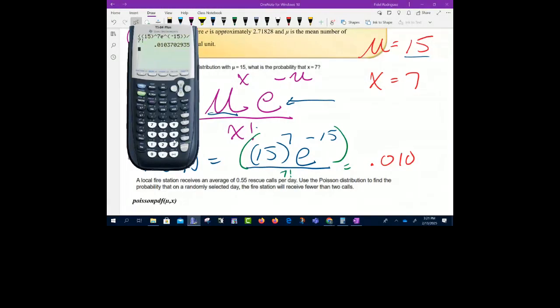Okay, then let's do this. So I hit my little right arrow. Now let's go second LN. Let's go ahead and go negative 15. Close that off. Close that off again. Now 7, math, PRB, number 4.